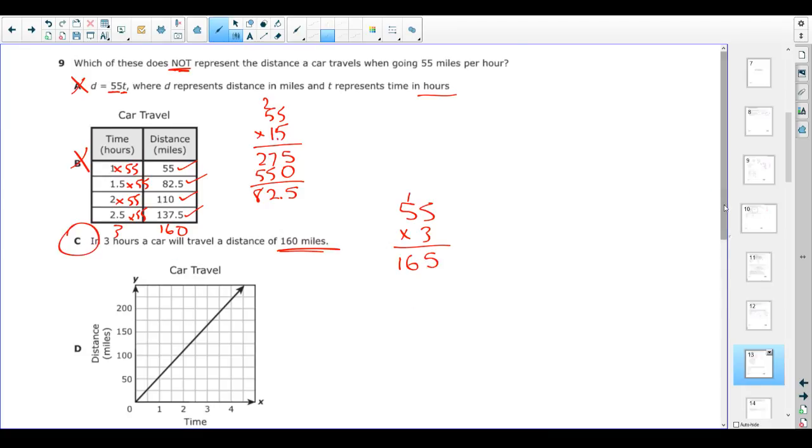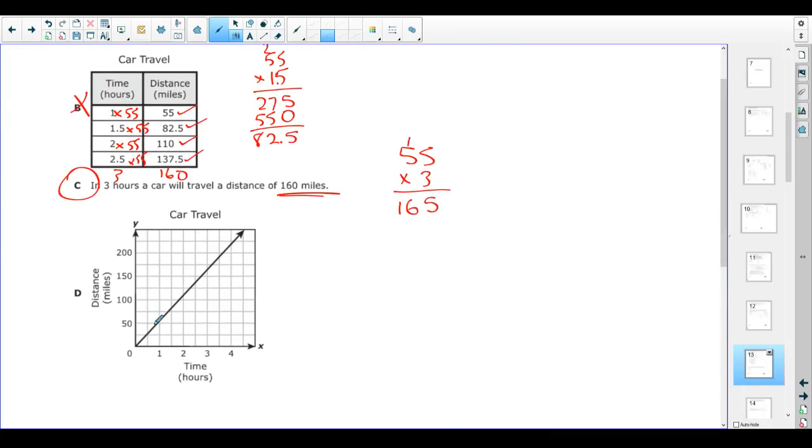This looks pretty good, and we can check our table just to be thorough. Here is 1 hour, a little bit more than 50. You can say that's 55. We said at 2 hours it should be 110, and here it is, a little bit more than 100. That looks pretty good. So our correct answer there is C.